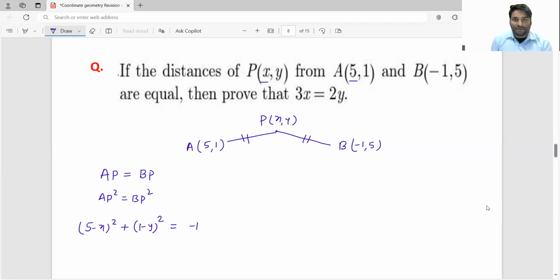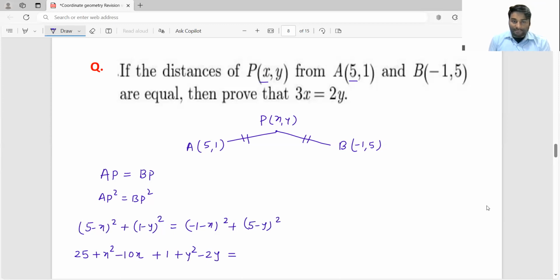So (-1 minus x) whole square plus (5 minus y) whole square. Now, if you simplify this, just use (a minus b) whole square, which is a square plus b square minus 2ab.